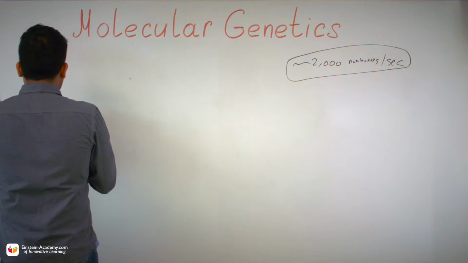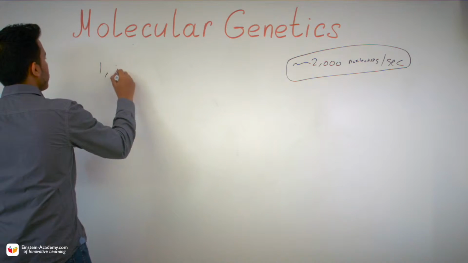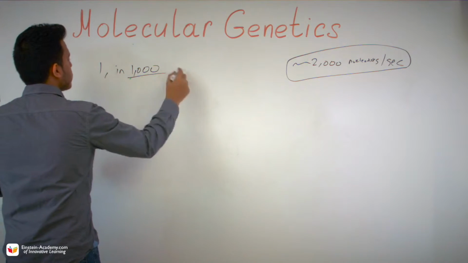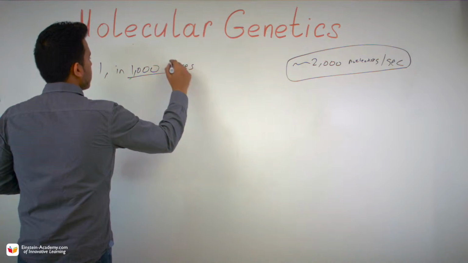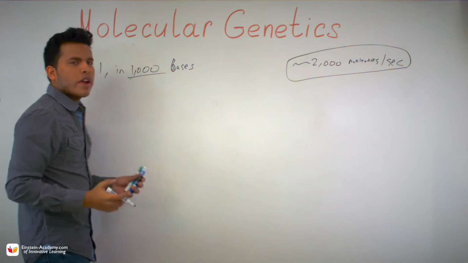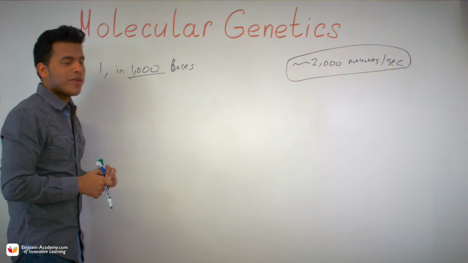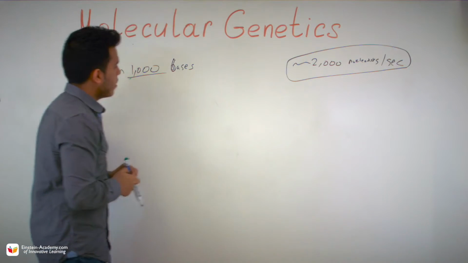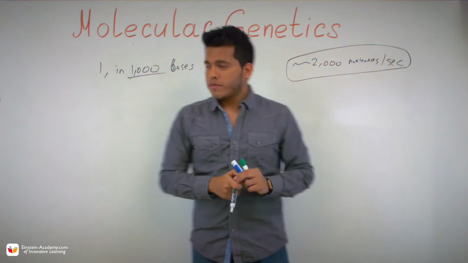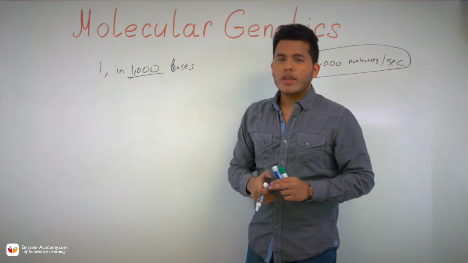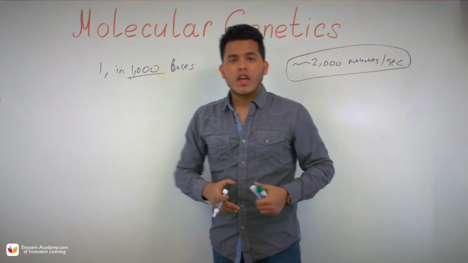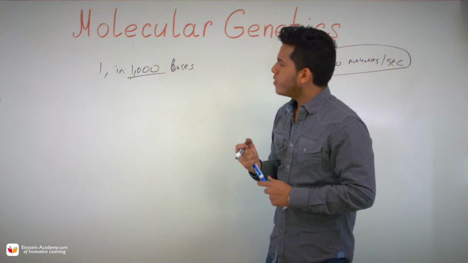When you start to replicate, you have about 1 error for every 1,000 bases. This is very bad, by the way. This is incredibly horrific. But we have mechanisms that prevent and fix all these errors.